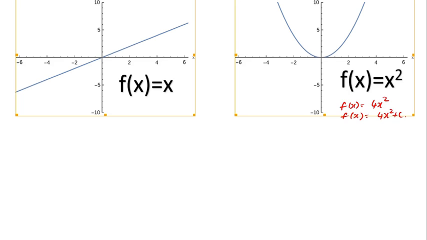If you had an equation of this form, what would have happened? In the same way, think about what would happen if you had f(x) = 4x² + 3x + c.